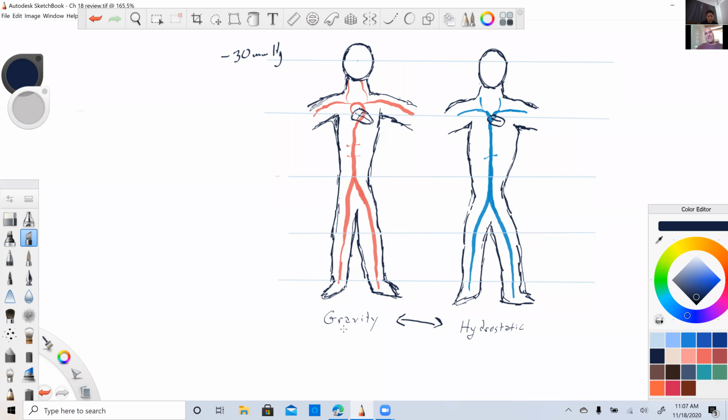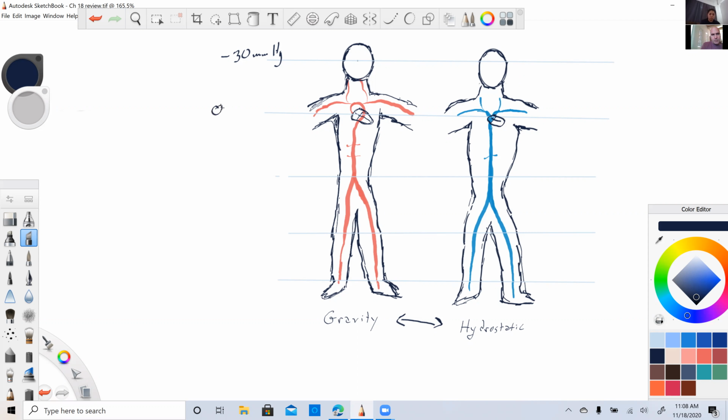Let's say we start out at 140 at the top of the head. You subtract 30, and you actually have 110 millimeters mercury. So you have low blood pressure whenever you're standing up. Of course, the reality is your body compensates for that, because we really don't want low blood pressure in the brain.